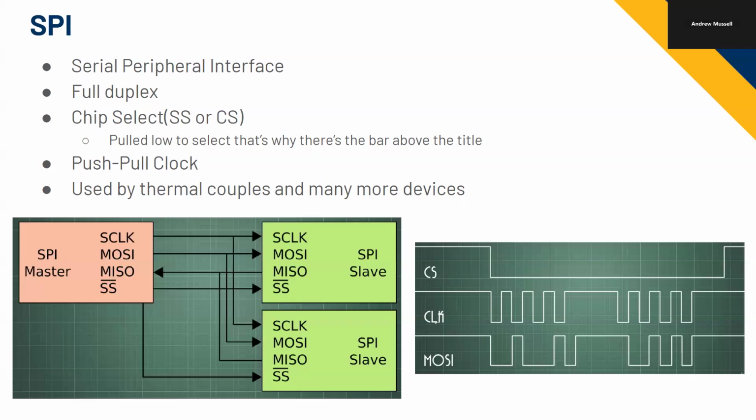The arrows show which direction data is going. The master will drive the clock and will drive MOSI, and then the slave device will drive MISO, and then the master will drive chip select. So only the master drives the clock.